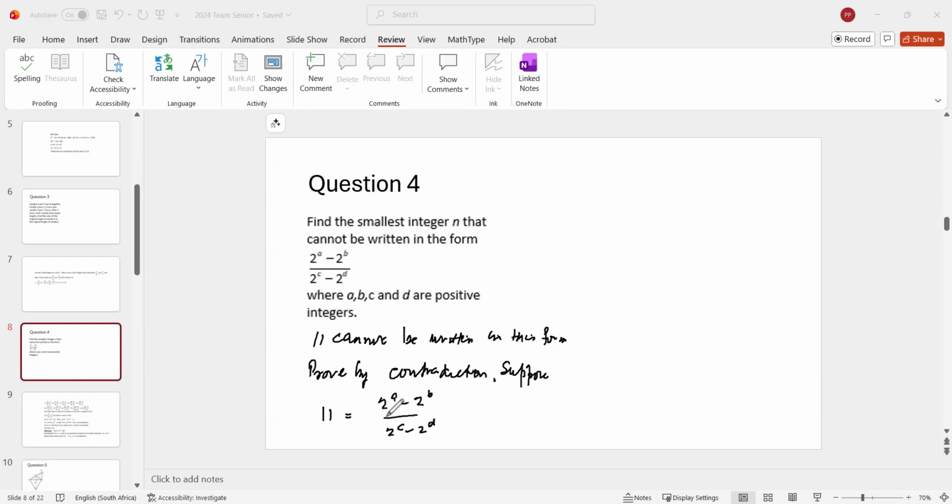Now, you can assume that both the numerator and the denominator are positive, in which case 2 to the A is greater than 2 to the power of B. You can take out 2 to the power of B as a common factor.